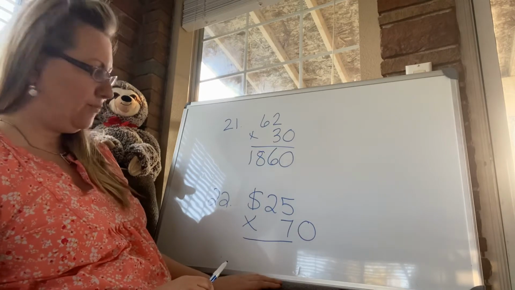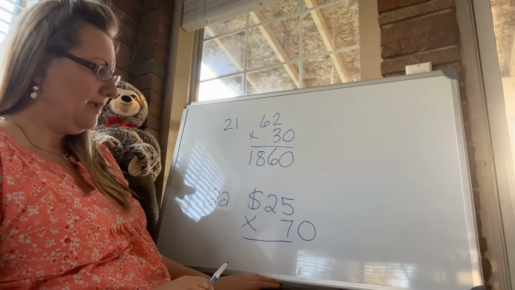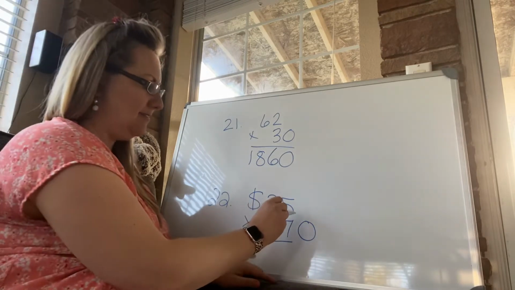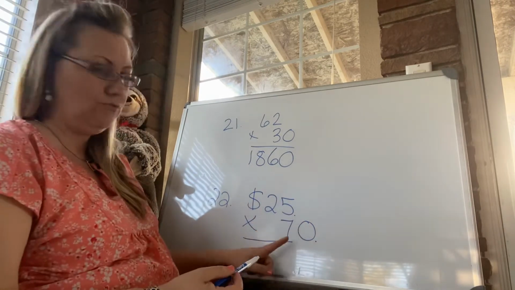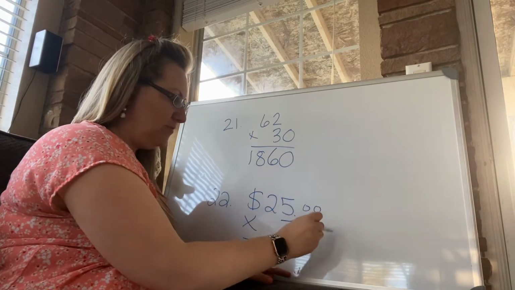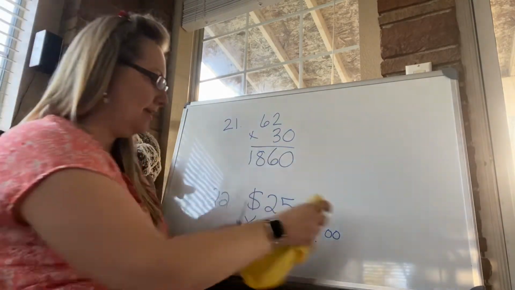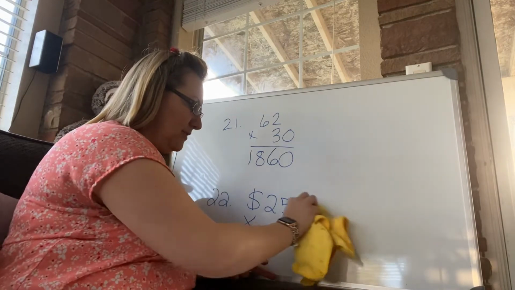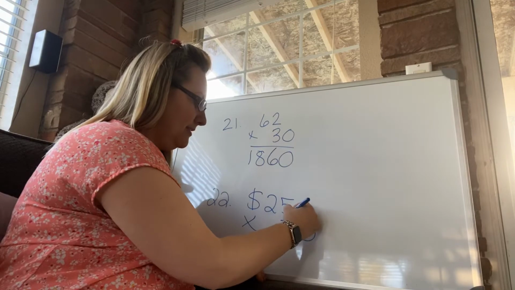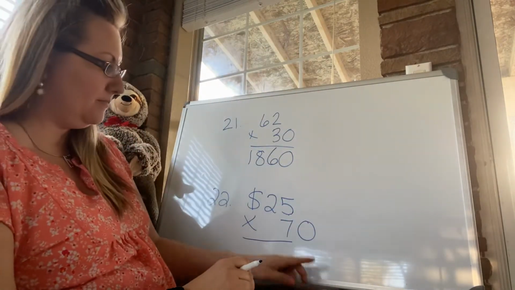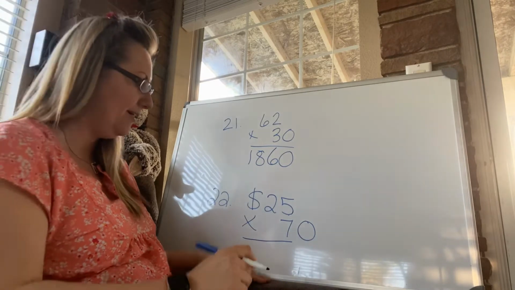The author of your book would want you to do it this way. And now think, this is $25. This is not 25 cents. So really, the decimal place and zeros would be over here, right? But we're not going to complicate it by adding all those zeros. We just know that it's $25 times 70. Whatever comes after the decimal doesn't matter.